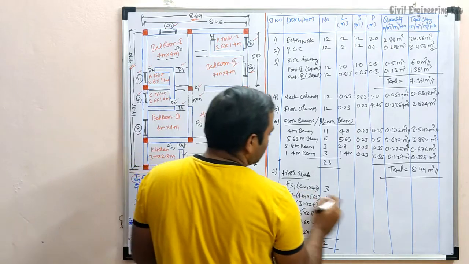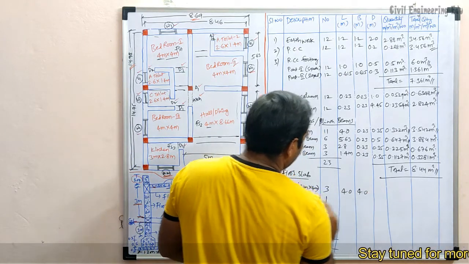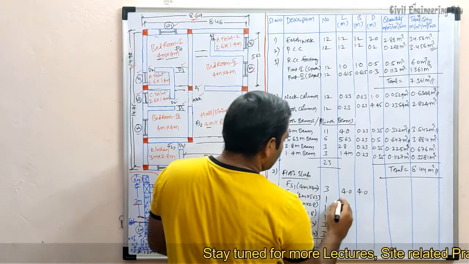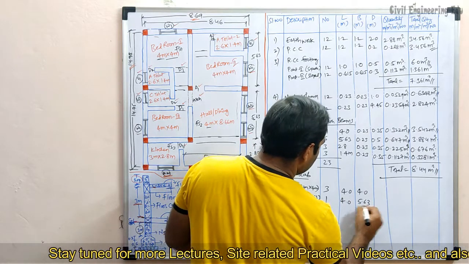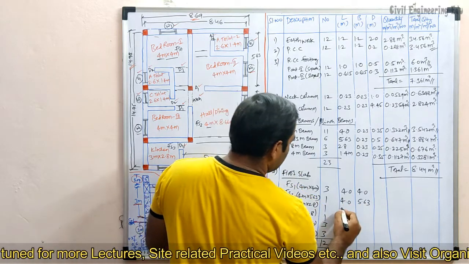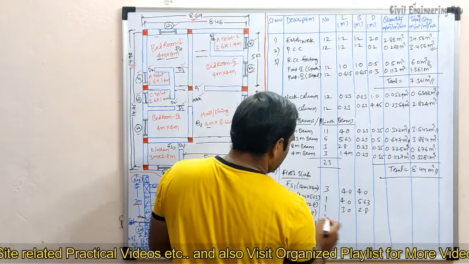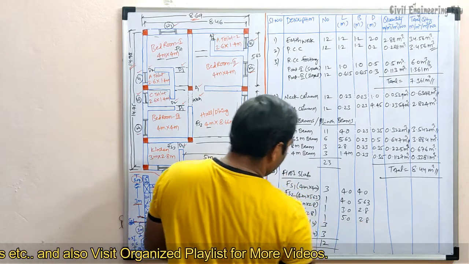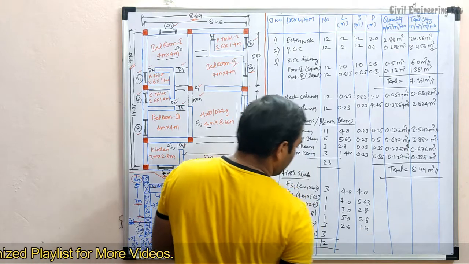Now based on the sizes: 4 meter by 4 meter slab. The second one, 4.0 by 5.63. The next one is 3.0 by 2.8. The next one is 5.0 by 2.8 meter. The next one is 2.6 by 1.4.